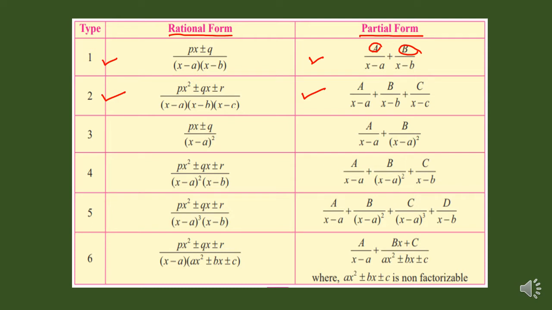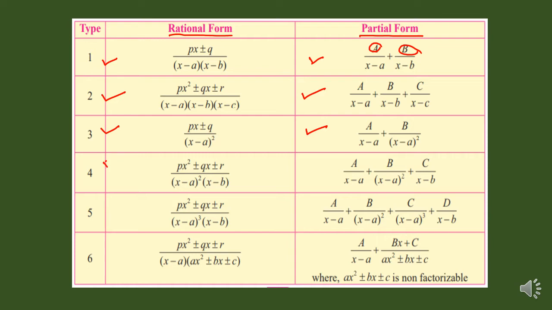Then similarly, suppose we have px plus or minus q upon (x minus a) the whole square. Then we convert it into A upon x minus a plus B upon (x minus a) the whole square. In each form, we find out A, B and C wherever required and then proceed further.